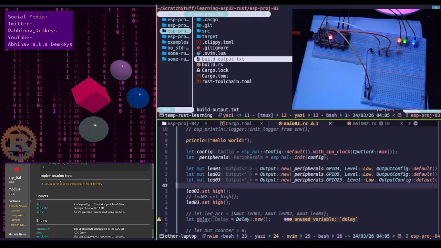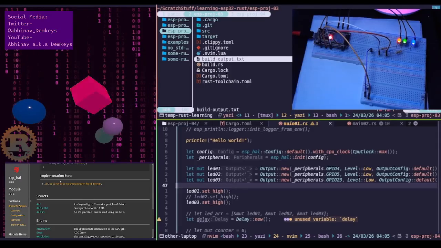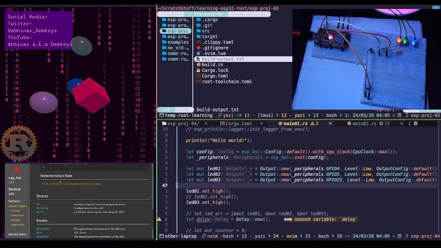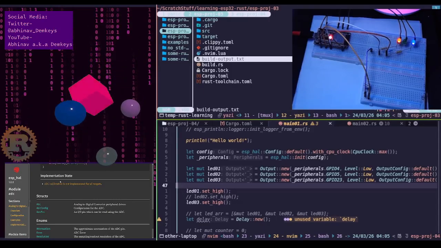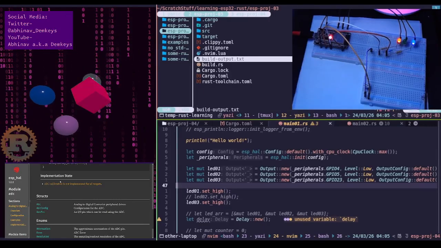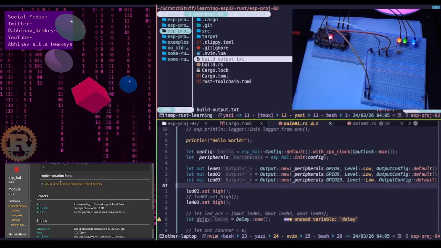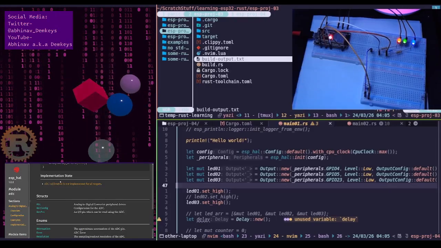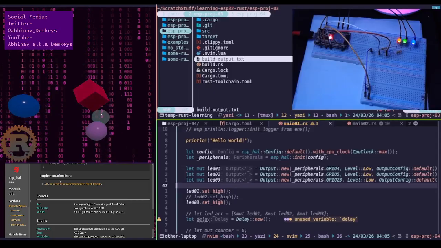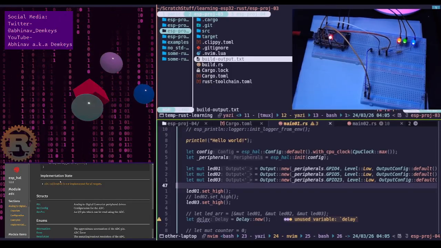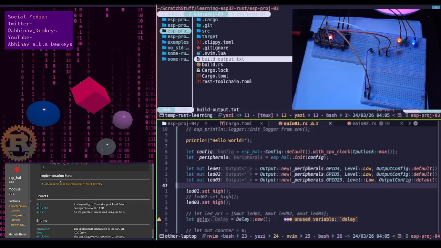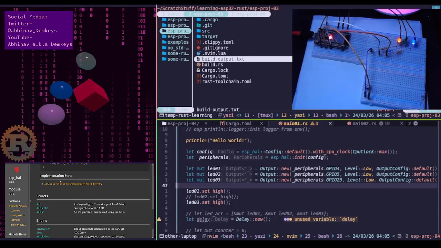I should keep that in mind. It's going to be slightly heavier, but so far I'm doing very lightweight stuff. I'm not doing anything nearly close to the maximum ESP32 hardware capability, so I don't think I need to worry about that for now.